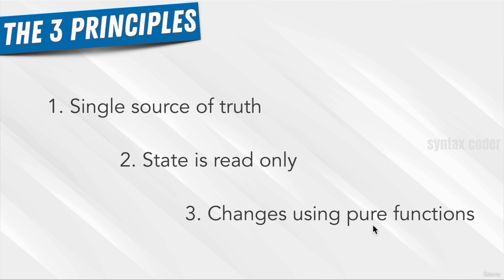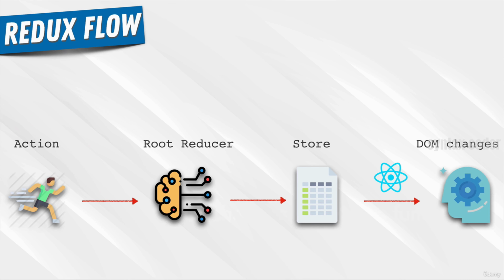Using these principles, Redux has some new words that we're going to introduce in our vocabulary. And we're going to be comfortable with them by the end of this section. The first one is action. An action is something that a user does, such as clicking on a button or a drop-down menu. And what happens in Redux is as soon as a user clicks on something, a button, and creates an action, it goes through something called a reducer.